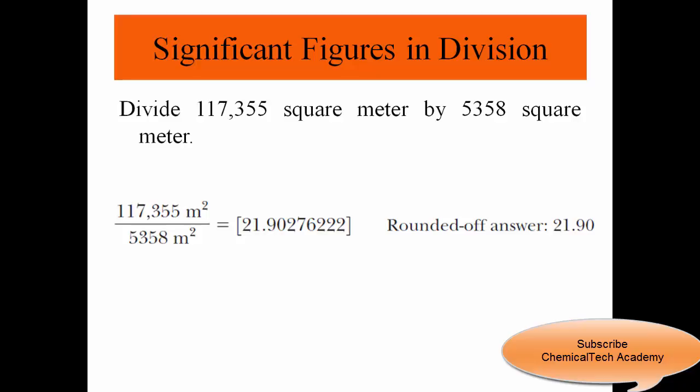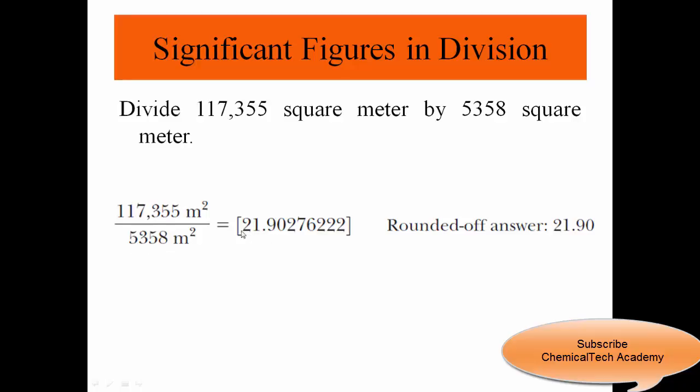Next example, divide 117,355 square meters by 5358 square meters. When we do the calculation, we get 21.9076222. Here we have six significant figures, and in the denominator we have four significant figures. So we need to round the final answer to four significant figures.